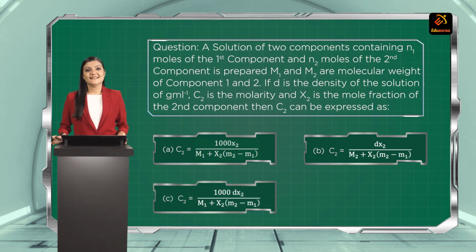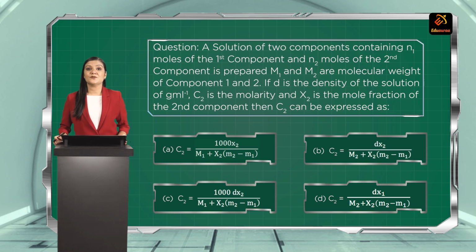Option C, C2 is equal to 1000 multiplied by d x2 divided by M1 plus x2 (M2 minus M1). And the last option is C2 is equal to x1 d divided by M2 plus x2 (M2 minus M1).